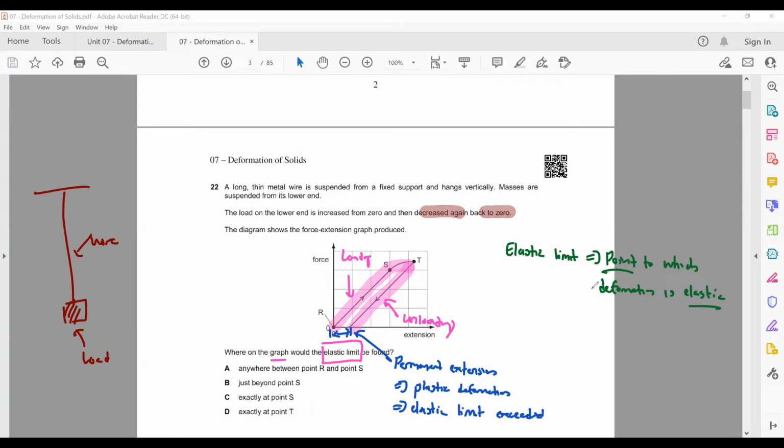One thing to note here is that even if material is still loaded exactly to the point of elastic limit, deformation remains elastic.